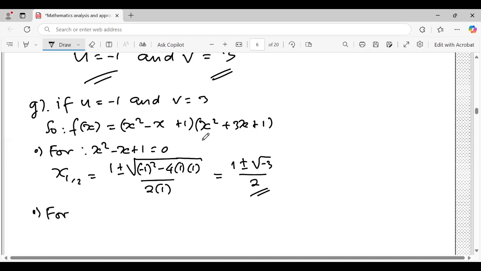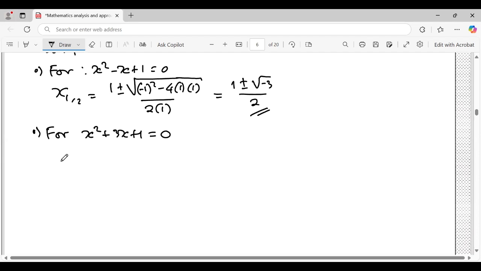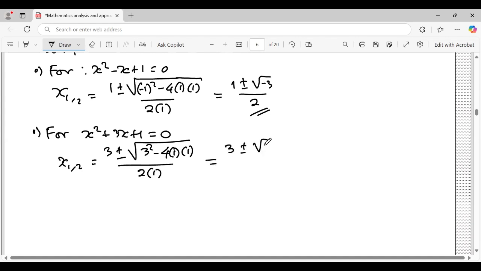For this expression, x squared plus 3x plus 1 equals 0, we are going to find the roots x1 and x2. So x1 and x2 equal minus 3 plus or minus the square root of 3 squared minus 4 times 1 times 1, divided by 2 times 1, equals minus 3 plus or minus the square root of 5, divided by 2.